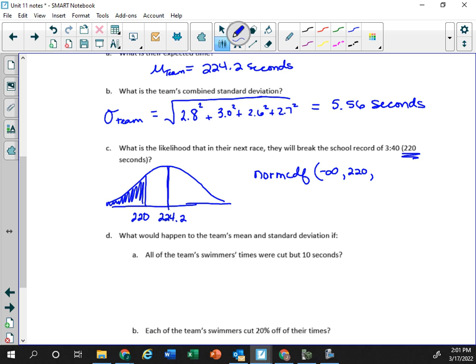And then we've got our mu of 224.2. And what was the sigma? 5.56. Yes, you need that combined sigma, okay? What do we get? Do you remember where norm CDF is?